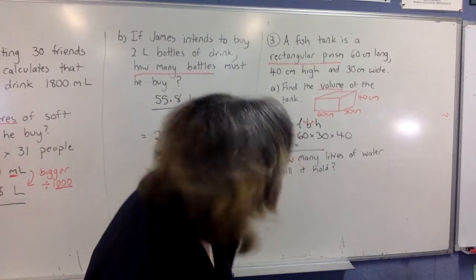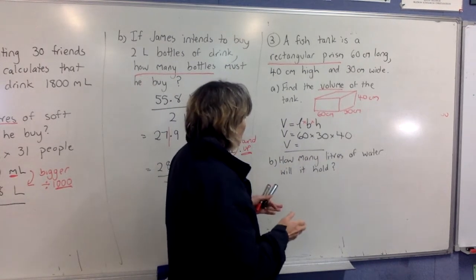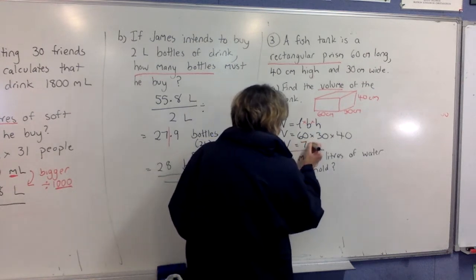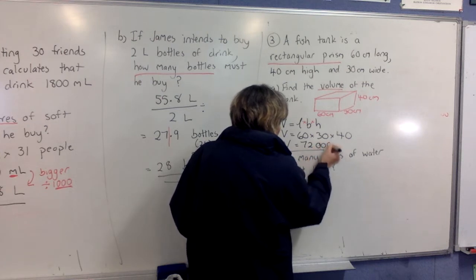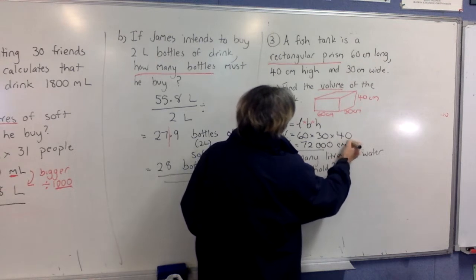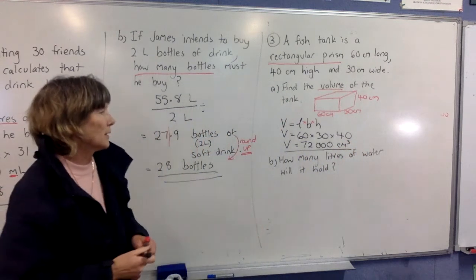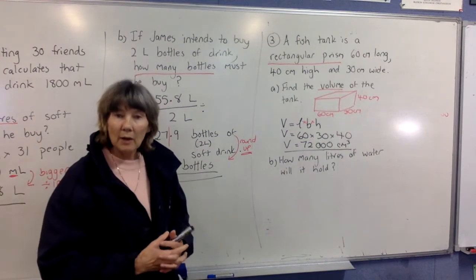So you can work that out on your calculator. 60 times 30 times 40. And you'll end up with 72,000 centimetres cubed. Okay, so that's our volume.